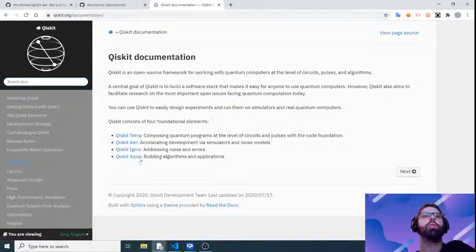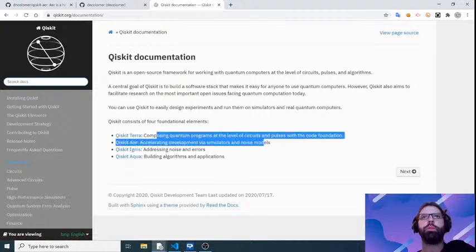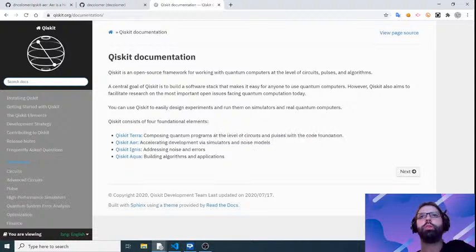Because I know about these different packages or layers, like Qiskit Terra, Qiskit Aer, Qiskit Ignis and Aqua. But I don't really know where to dig into first, where to start. So basically it says Terra is composing quantum programs at the level of circuits and pulses with the code foundation.